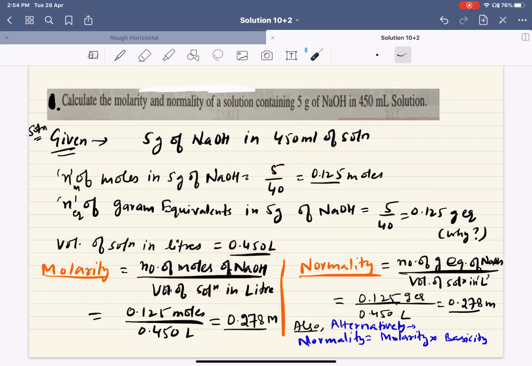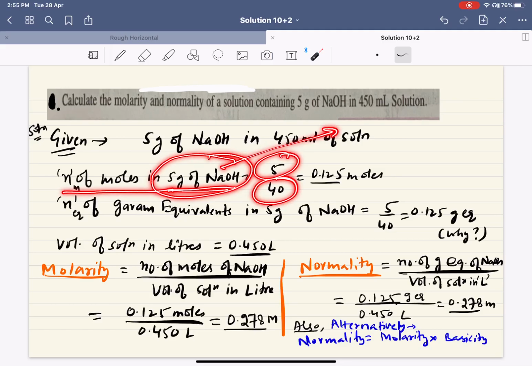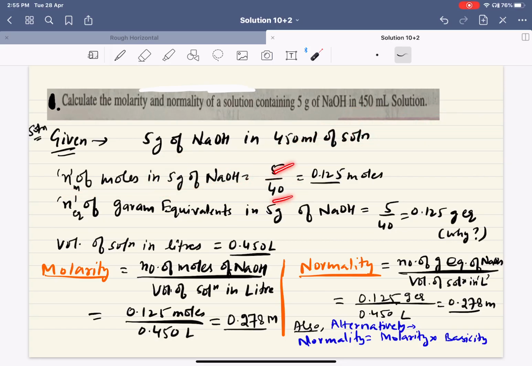So, number of moles in 5 gram of NaOH. How do you calculate number of moles? Given mass by molar mass, and NaOH has 40 gram molar mass. So 5 by 40 comes out to be 0.125 moles. It means 5 gram of NaOH has 0.125 moles.